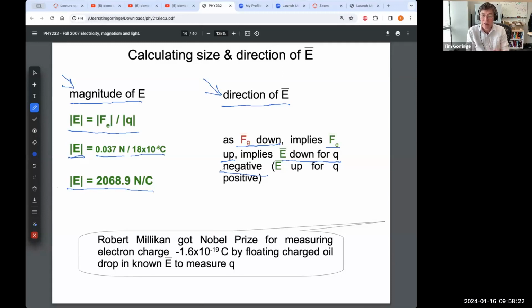It actually got Robert Millikan a Nobel Prize because he balanced an oil drop under gravity and under electricity, and used it not to measure the field. He knew the field. He used it to measure the charge. In that way, he was the first person to measure the charge on a single electron, by balancing oil drops that had an excess of one single electron on it. It's a very, very famous physics experiment.